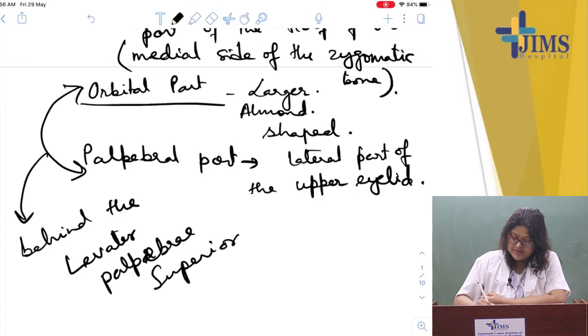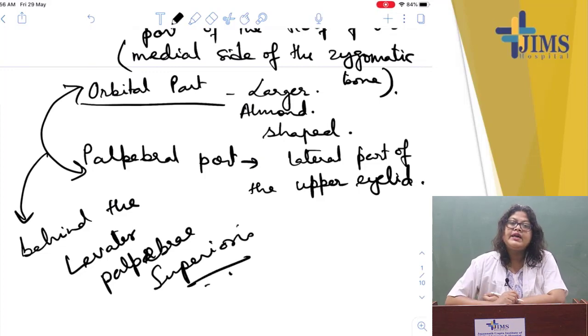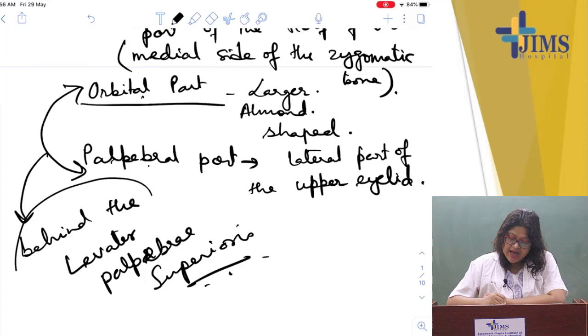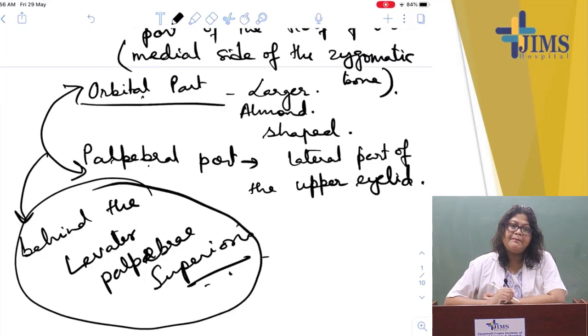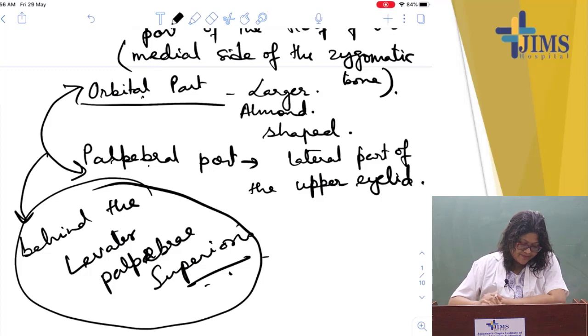The orbital part and the palpebral part are continuous behind the levator palpebrae superioris muscle. Okay?